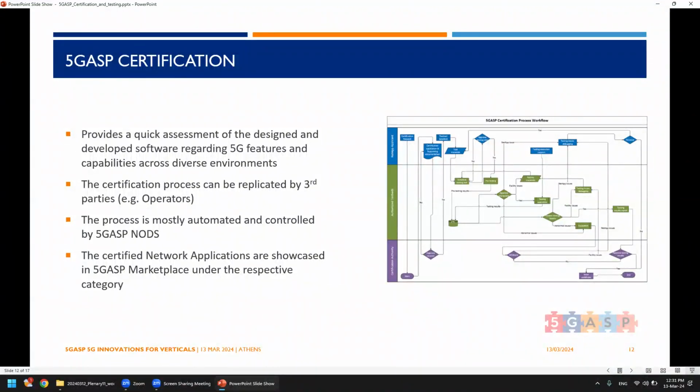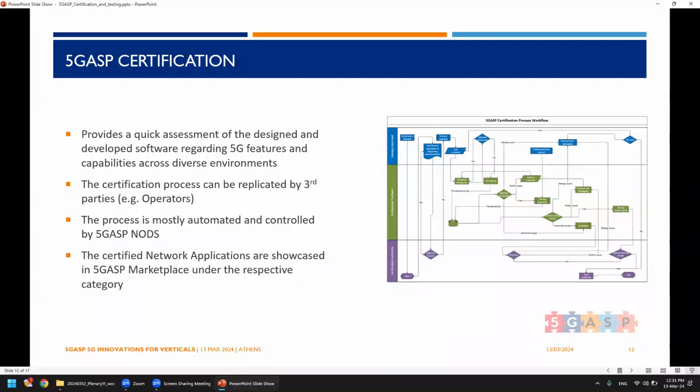I had the merit of having incorporated some big corporations in our project, namely VMware and Orange, who brought forward their certification process. So this process can be incorporated or replicated by their ecosystem as well. The process is mostly automated and controlled by the 5GASP nodes.